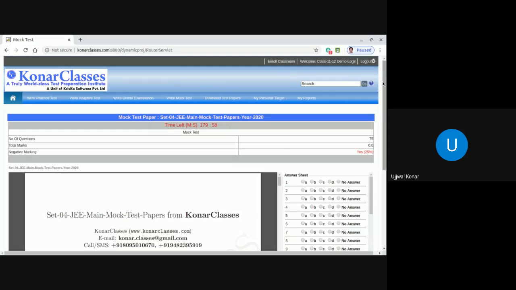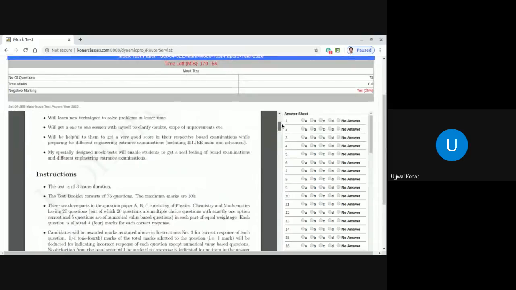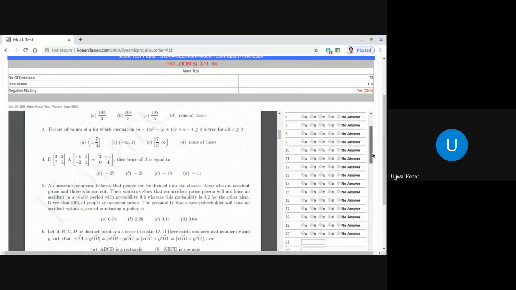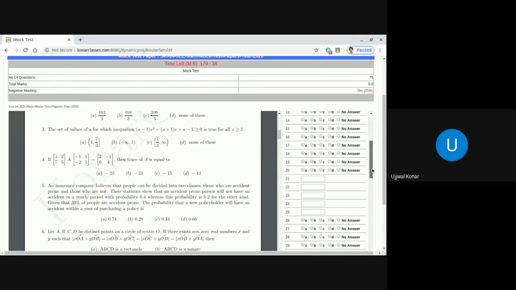Start paper. You will see, dear students, you will get the questions on the left hand side. This is a proper mock test paper, exactly what you get in your entrance examination. And on the right hand side, you see these are the options. This is the OMR sheet, answer sheet. And this year, JEE Main says that there are 25 questions from physics, 25 from chemistry, and 25 from mathematics.